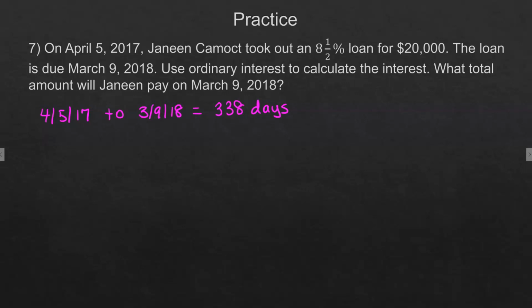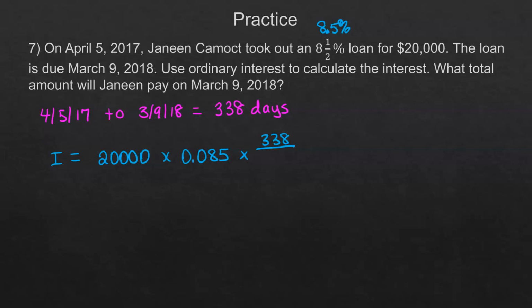And now we have to find the amount of interest. Remember, we're finding what total amount she will pay at the end of the loan. So the amount of interest is going to be her loan amount of $20,000. That's our principal. 8.5%, if we write that with a decimal instead of the 1/2, is 0.085, the decimal equivalent of that percent, for 338 days.